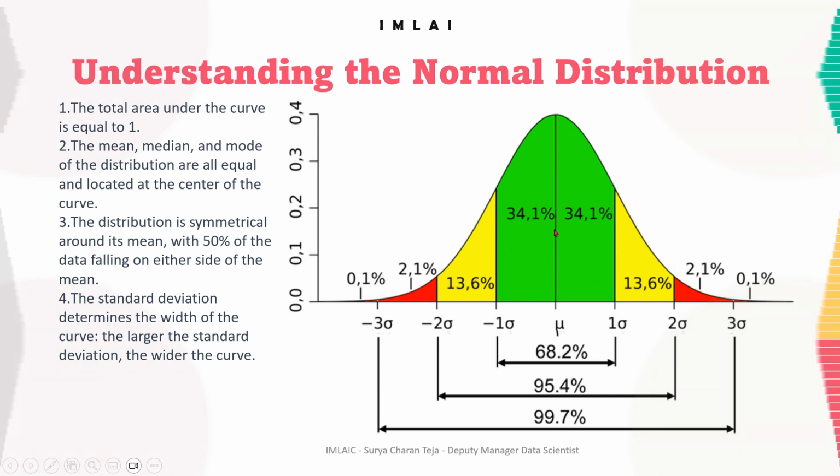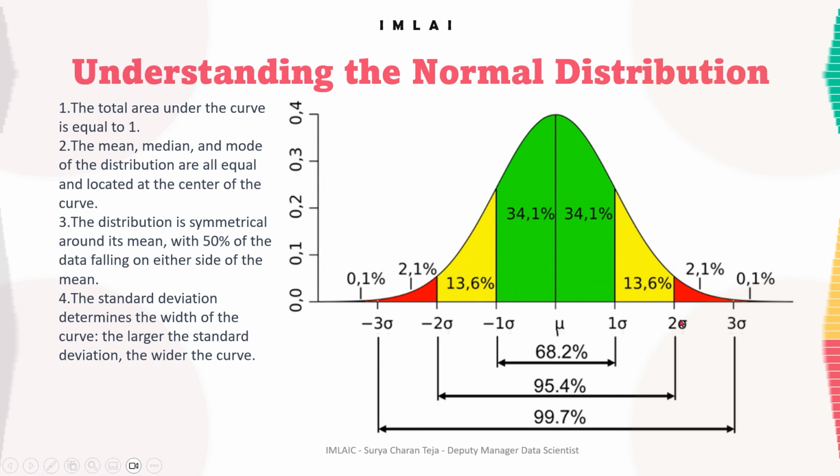So 68.2 percent of the data falls if and only if the distribution, whether it is a sampling distribution, is in the shape of the normal curve. Then only these rules are applicable. If not, no rules are applicable. Simple, pretty straightforward. So that's 40 and 60.